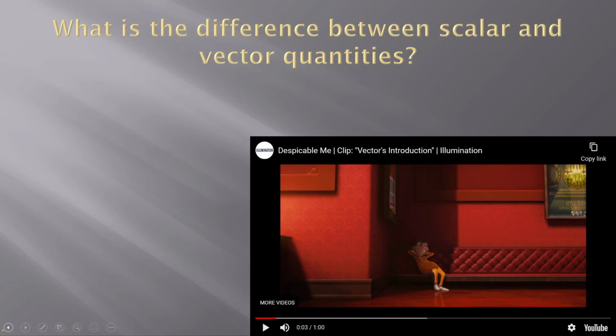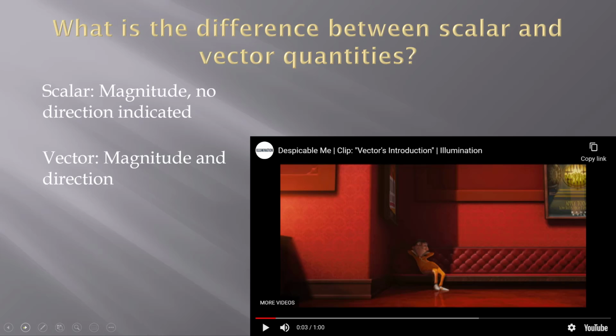But what you should remember is that Vector is named after a mathematical quantity, where he is doing crime with both magnitude and direction. Scalar quantities, which was distance, just have a magnitude, like how big is it, but no direction indicated. Vector quantities will have both direction and magnitude.